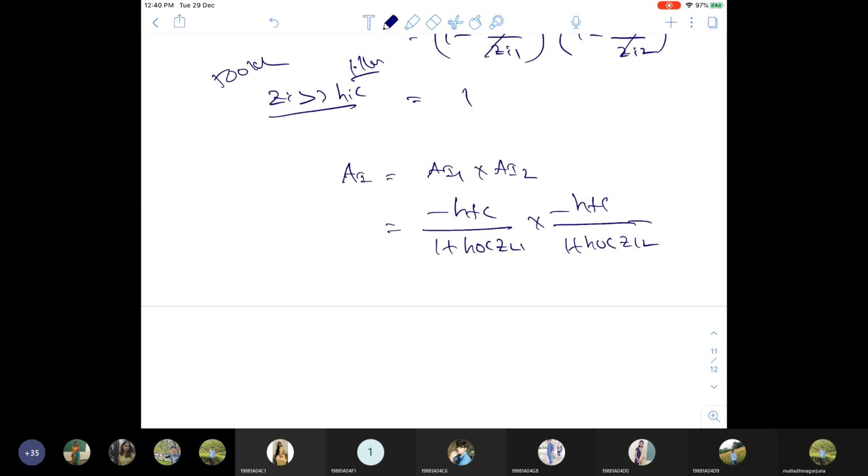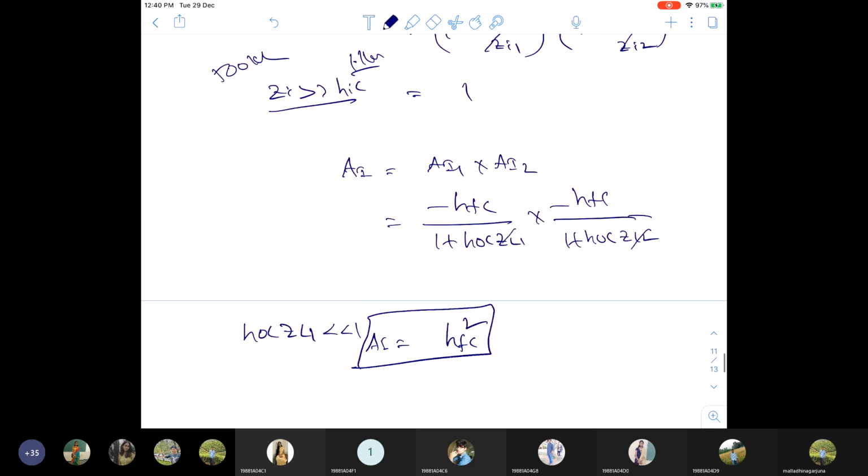So compared to 1, HOC into ZL1 is far less. So here also you can neglect this term and neglect this term. So minus of minus, plus, into minus HFC into HFC. So you will get AI equal to HFC square. This is overall current gain.